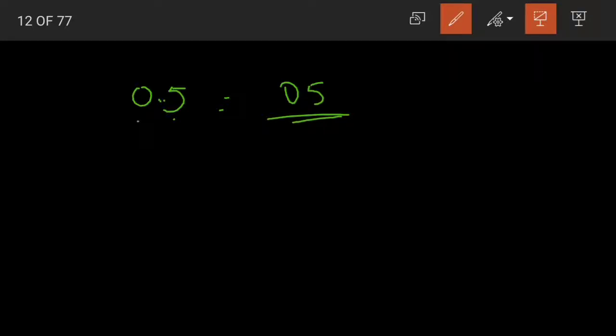Coming to the denominator, how many decimal places do we have after the point? We have 1 decimal place after the point. So that is why in the denominator we will write 10. If suppose it had 2 decimal places, we will write 100. If it has 3 decimal places, we'll write 1000.